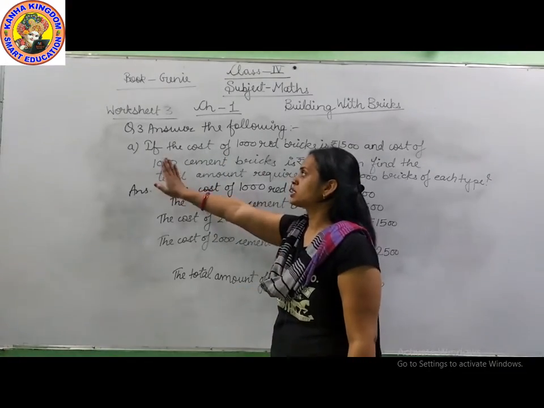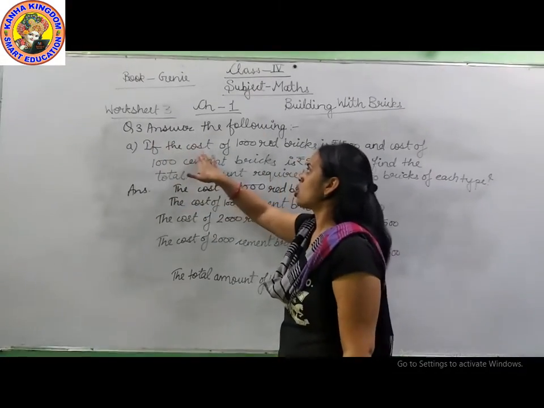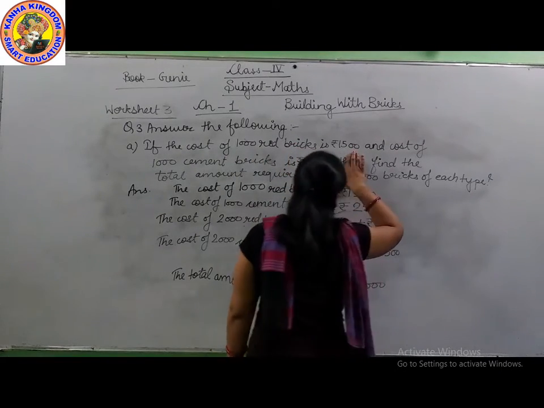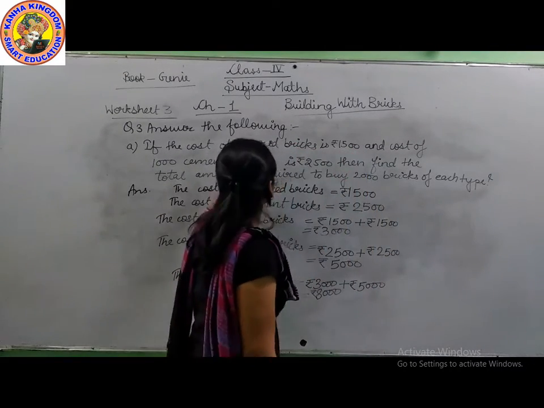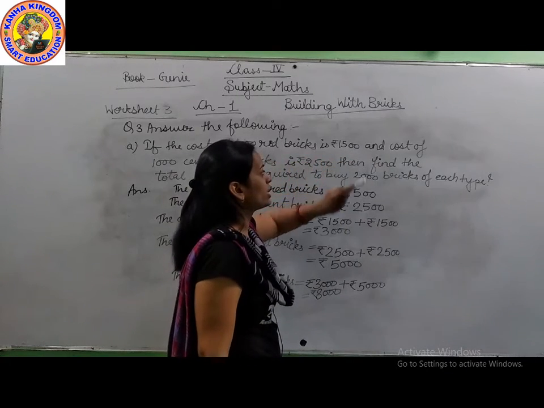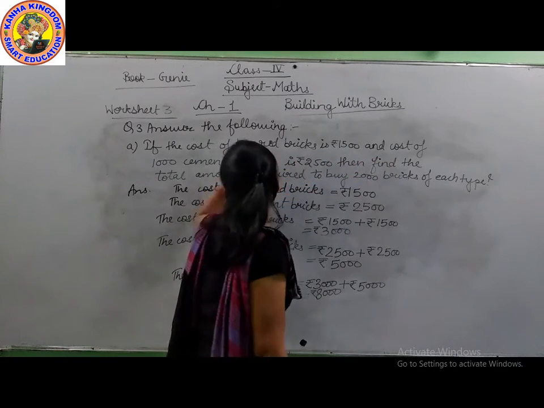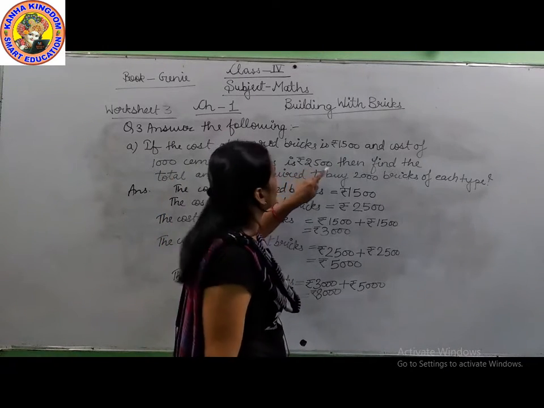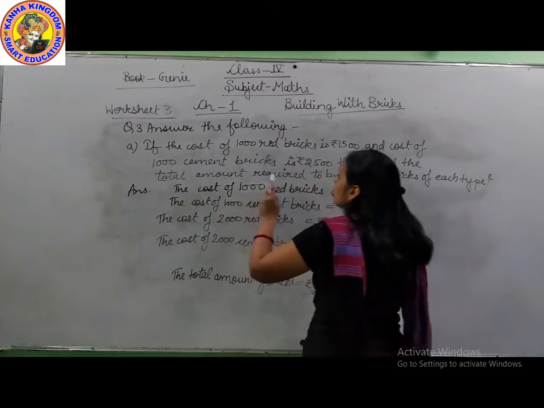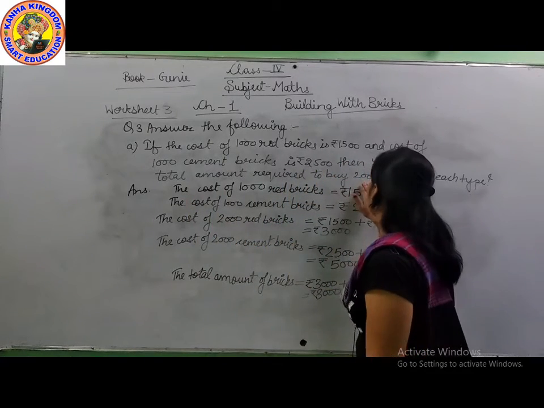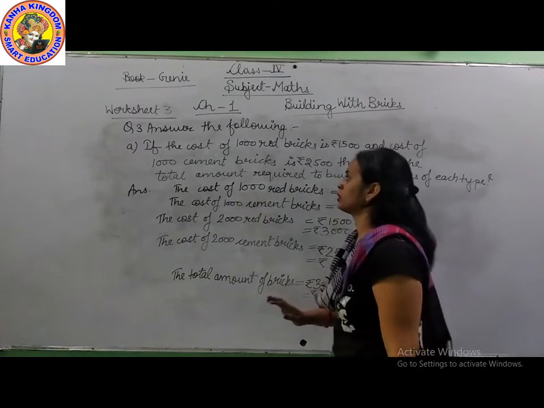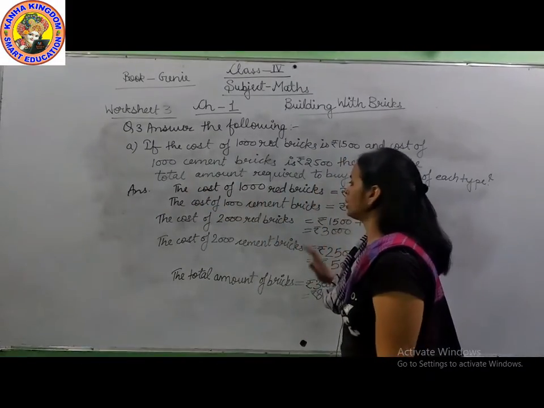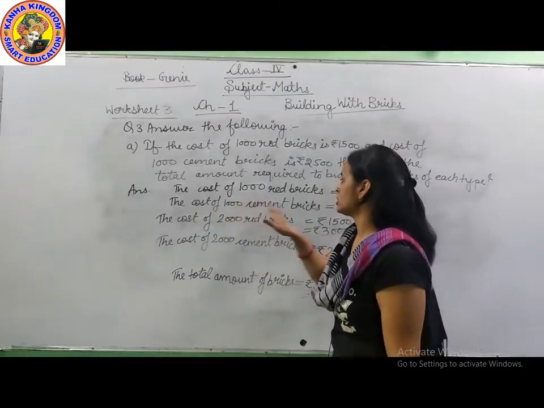Our question is, if the cost of 1000 red bricks is 1500 and the cost of 1000 cement bricks is 2500, then find the total amount required to buy 2000 bricks of each type.